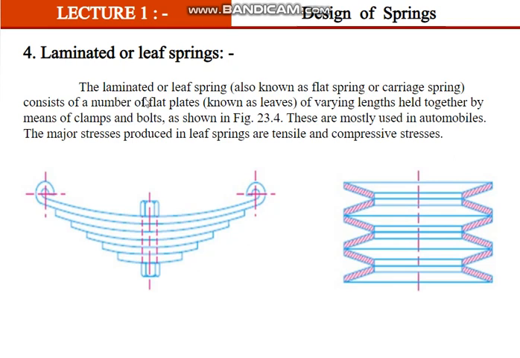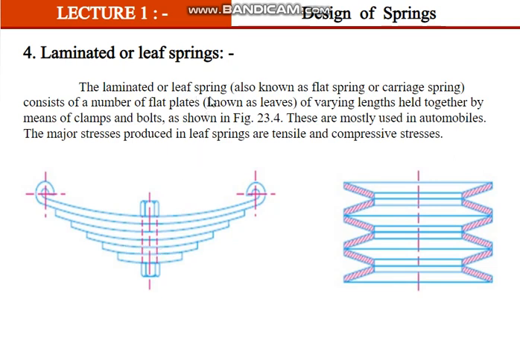In hydraulics you study laminar flow, layer upon layer. So laminated sheet or laminated spring or leaf spring. These are all like laminas. These are one lamina, two laminas, three, like that.